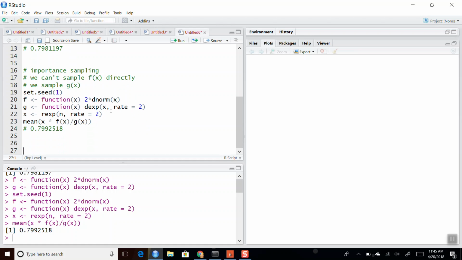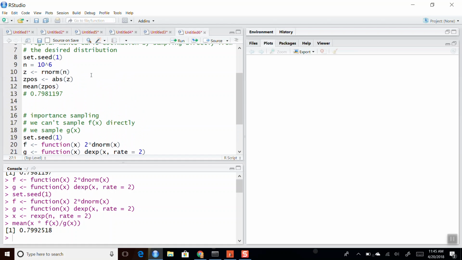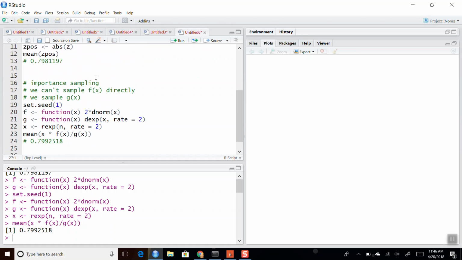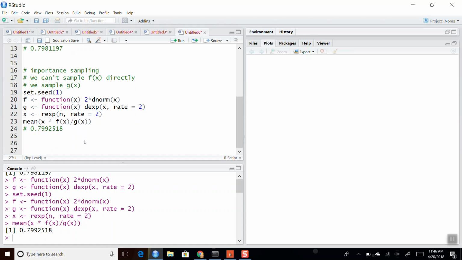So in this case, we're saying we can't sample from this thing directly, and so instead we sample from something else, and we weigh them accordingly. Are there any questions on this?